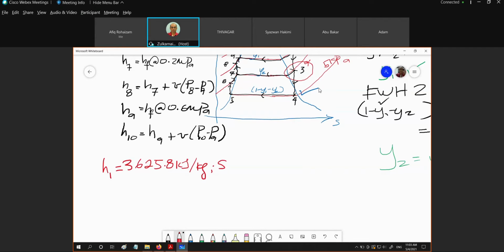And we need our S1 because S2 is equal to S1. The S1 is 6.9045.